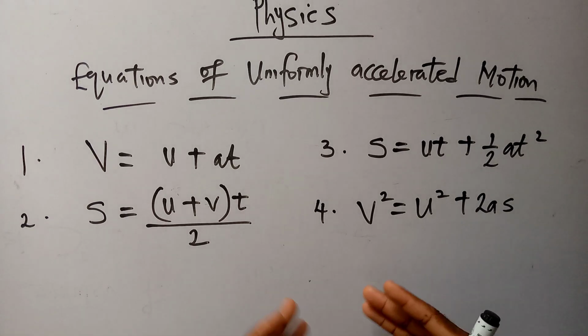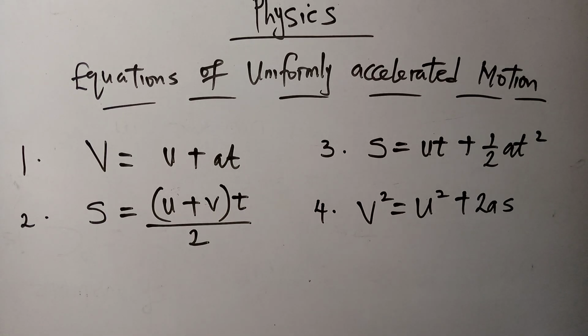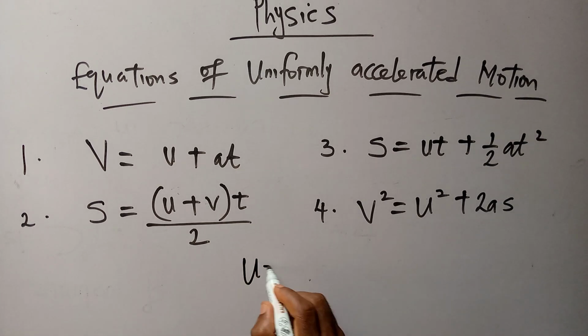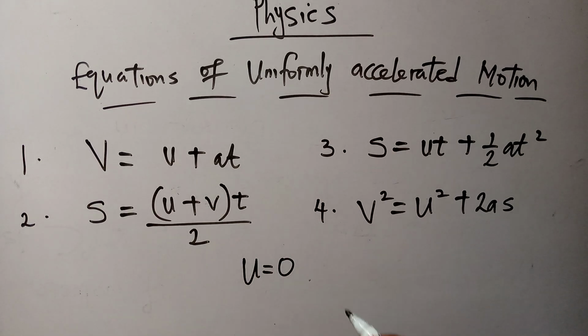How will these equations be when the object is either going to a height or falling from a height? But before we look into that, take note that whenever an object is starting from rest, our initial velocity is always zero.